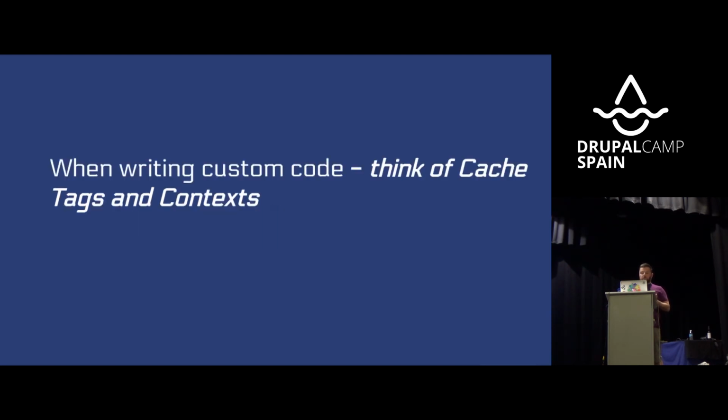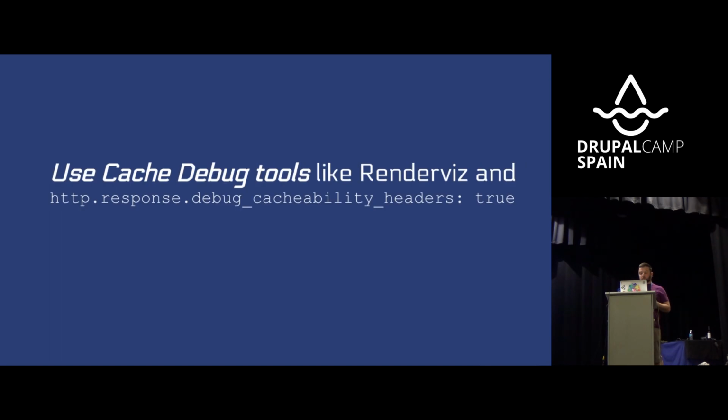Whenever you're writing custom code, you should be thinking of your cache tags and cache context regardless of whether it's front end or back end. If you're using any sort of entity, consider whether you're using its cacheable metadata. Use cache debug tools, because when you're debugging something that should not be happening and doesn't make sense, these are really good tools to help you look at the cache issues.